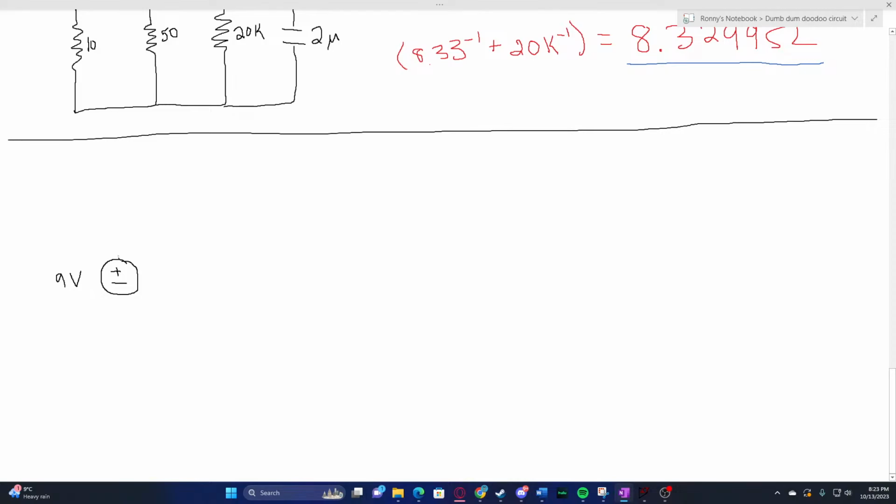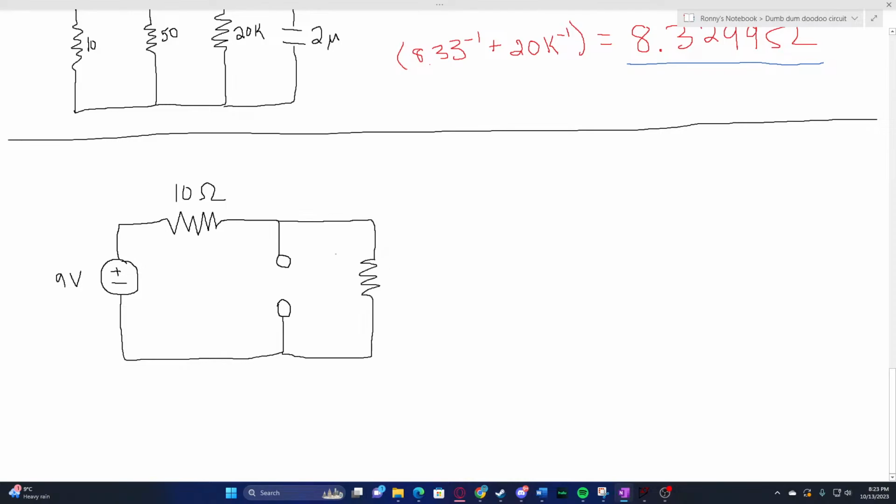We have a 10 ohm resistor that would normally be in parallel with a 50 ohm resistor there. You have 10, then you would have 20, and your 2 microfarad capacitor.